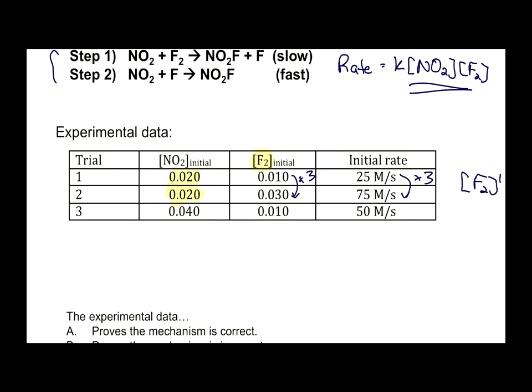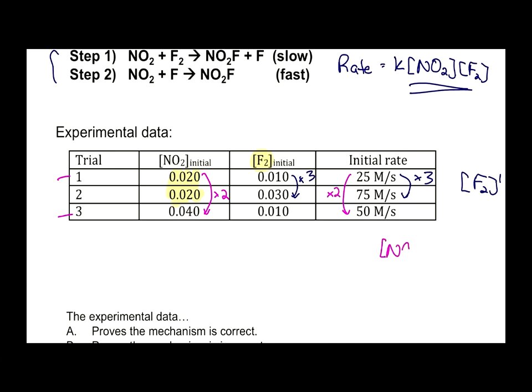What experiments do we want to use to get the order of NO2? 1 and 3, yeah. 1 and 3, because now F2 stays constant. It's not affecting the overall rate law. So I see that NO2 is changing. It is doubling. How does the initial rate change? Double. So what is the order of NO2?